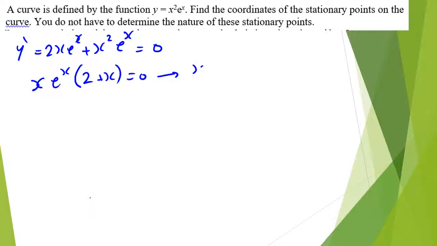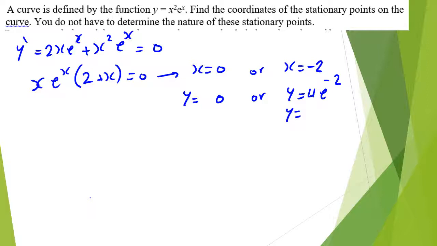So the two values are either x equal to 0 or x equal to negative 2. Now substituting each value into the main equation here, you will end up with y equal to 0 or y equal to 4e to the power of negative 2, which you can find the value for if you want. So the two coordinates are either this or the other one is negative 2, 0.54.